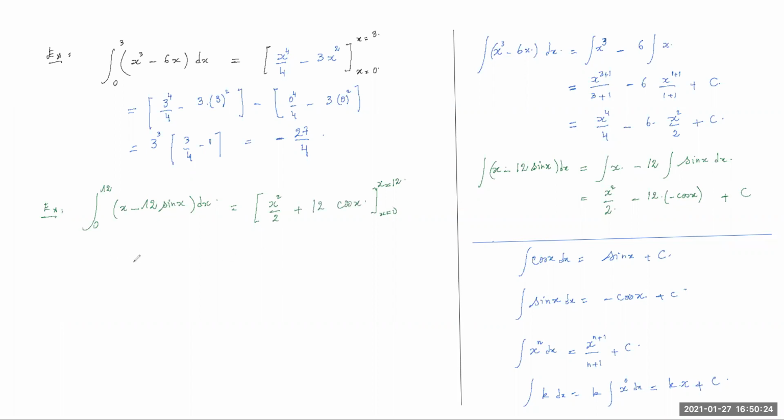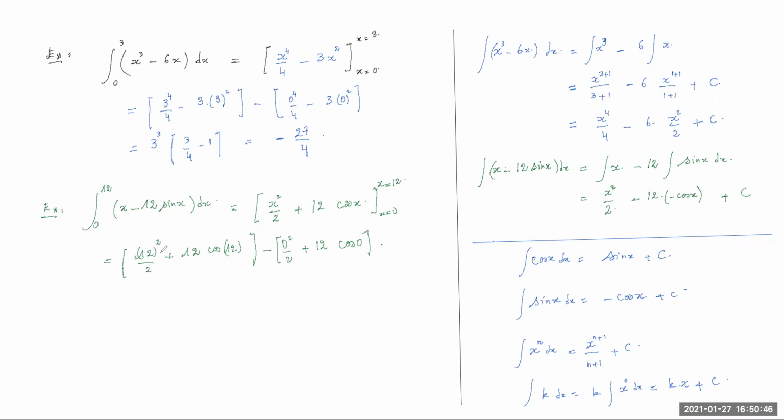So I will take the value first, substitute. Do it slowly because it's new, we can easily make mistakes. So cosine of 12, minus 0 square over 2, you see brackets here, plus 12 cosine 0.